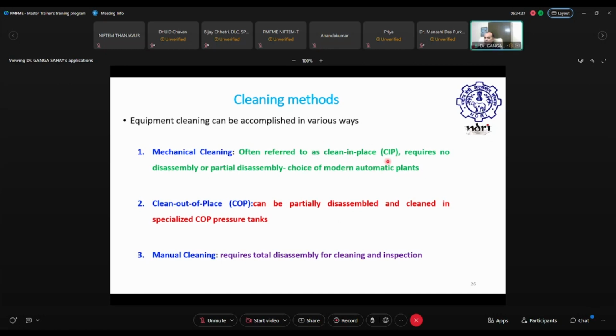They are not opening any equipment or disassembling it. Only different solutions are sent through a program which is already written for a particular time at a particular temperature. That's how they clean the equipment.